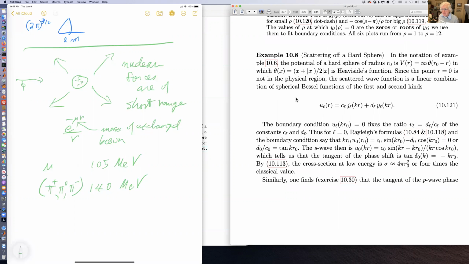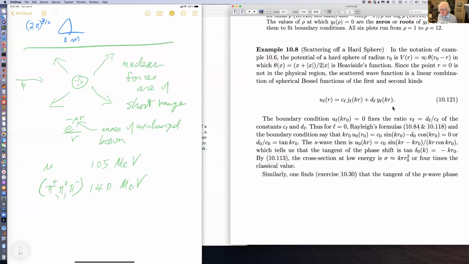So for r greater than r0, in other words outside the sphere, you have as eigenfunctions linear combinations of J_L and Y_L. The fact that the Y's are infinite at r equals 0 is no problem, because r equals 0 is not part of the physical region for the scattering problem.